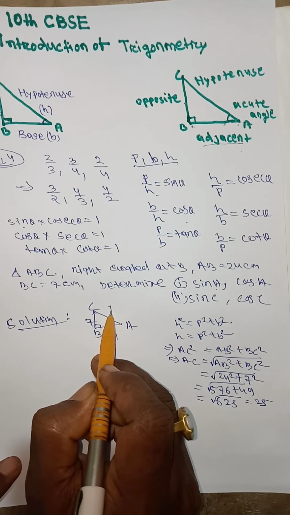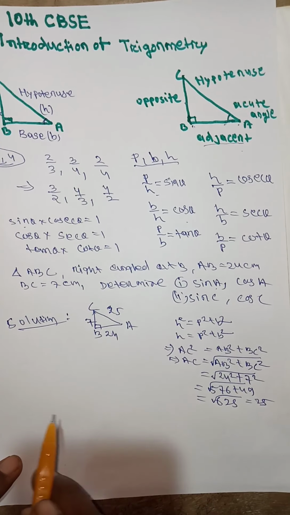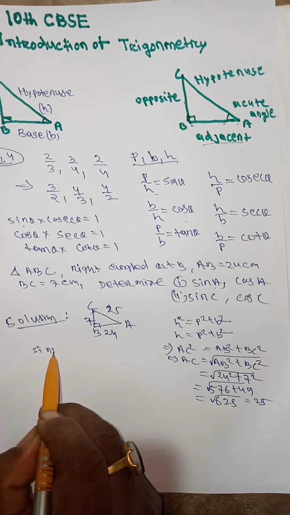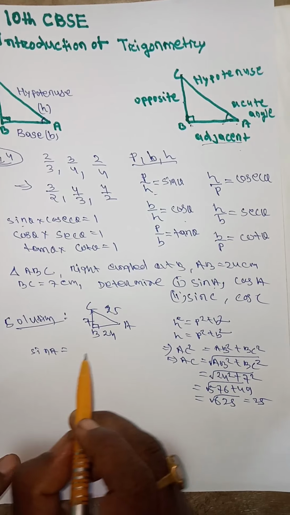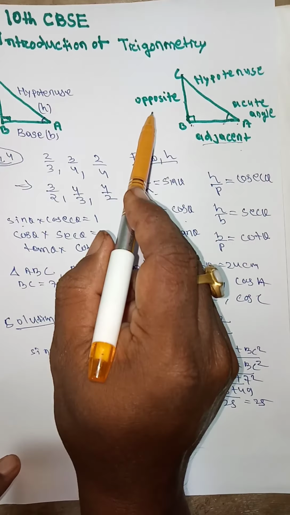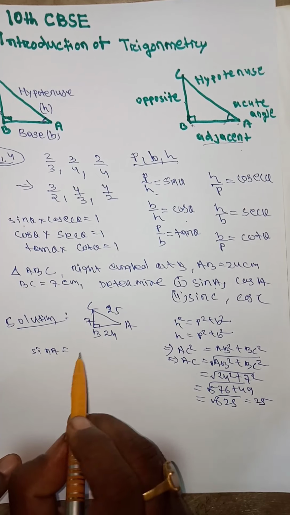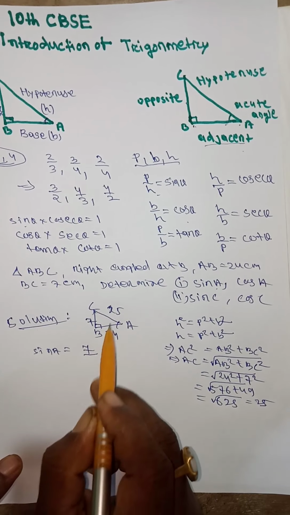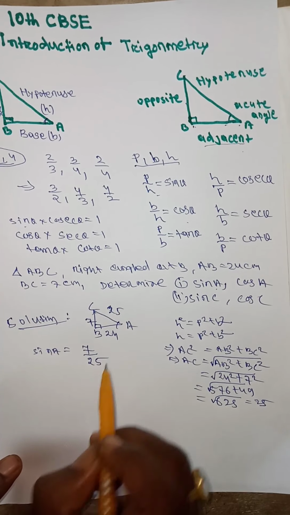So AC or H is equal to 25. Now find sin A. Sin A is equal to P by H, or opposite by hypotenuse. Opposite 7, hypotenuse 25.